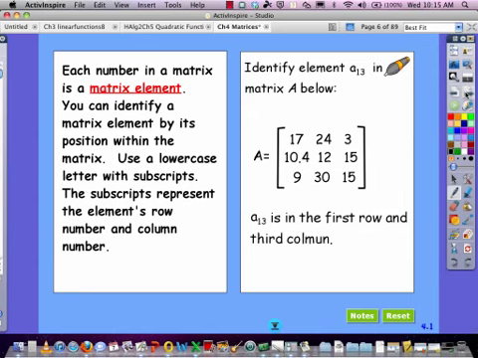So identifying the element A sub 1, 3, A 13, some people like to say, in a matrix A below, we'd be looking at the first row, third column number. Everybody should be identifying A sub 1, 3 as the element 3.